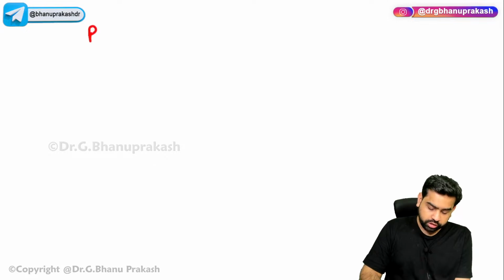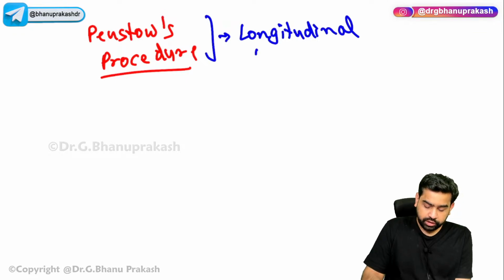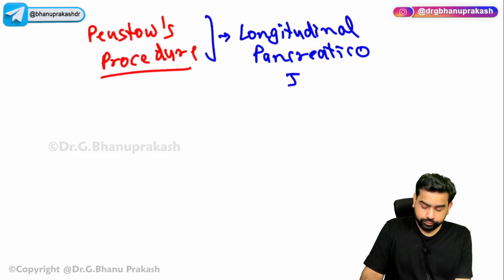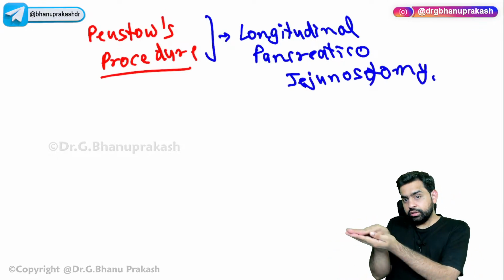Now let's talk about Puestow's procedure. Puestow's procedure is basically a longitudinal pancreatico-jejunostomy. So let's say this is a pancreas.